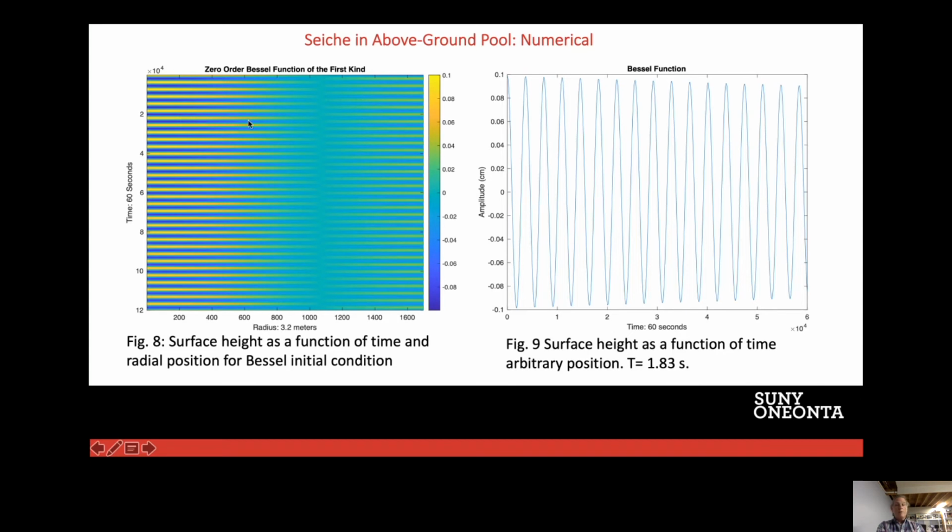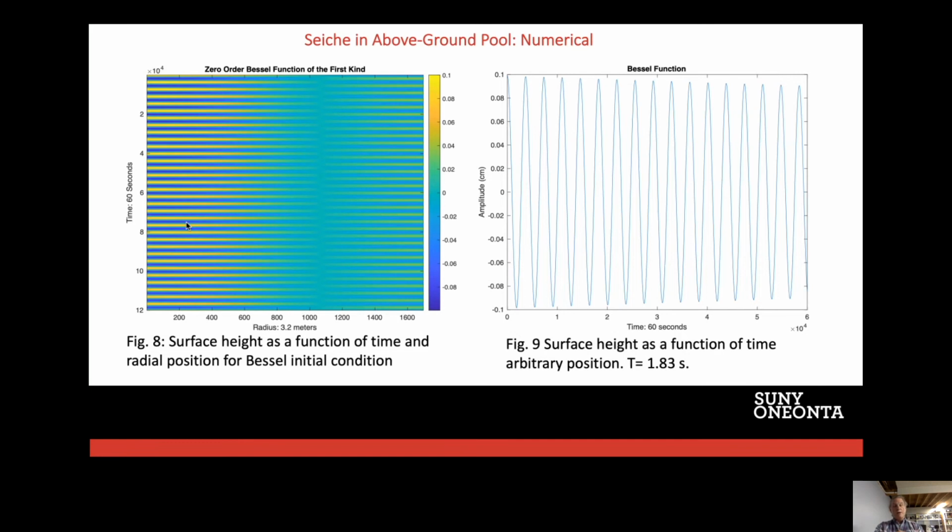That's because the water is gathering in the center and it's very high there. You can see that we go through a pretty stable node here, and then we have another antinode here that's not as intense because the water has spread out among the circumference of the pool. But when this is down, this is up. So this is a very nice picture of what's happening within the pool.